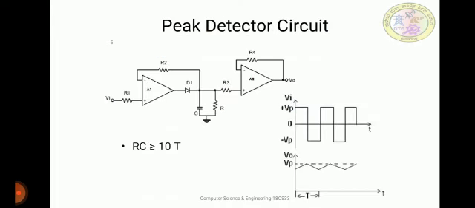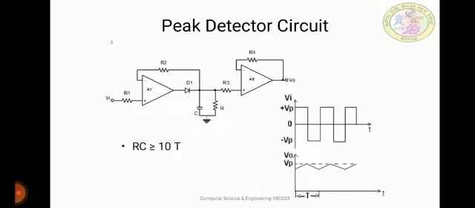Okay, next we have the peak detector, one of the applications of op amp we are dealing with. The peak detector circuit is used to determine the peak or the maximum value of the input signal. It stores the peak value of the input voltage for an infinite time duration, that is until it comes to a reset condition.